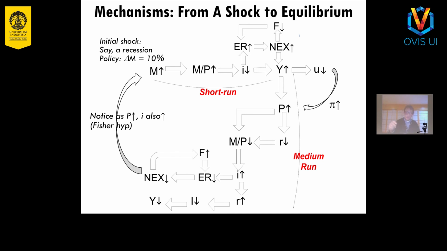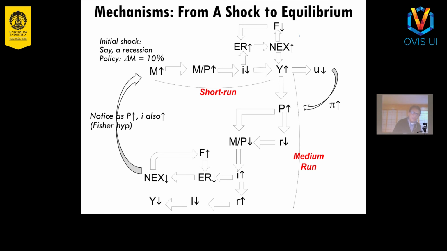If the net export goes down, then the output will go down, essentially. So I forgot to put, let me change slightly here, because actually I was supposed to put it here. Okay, so basically that's it.